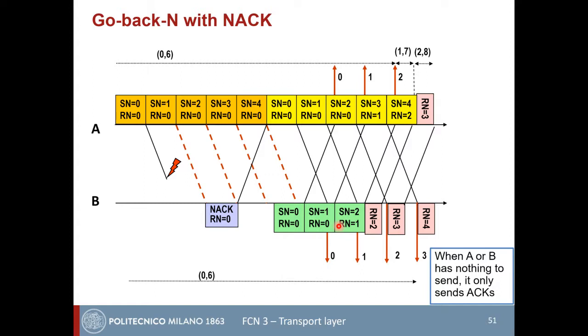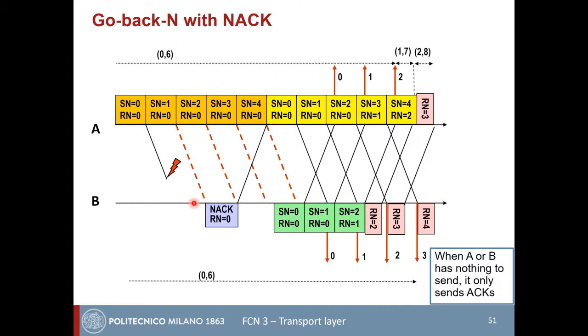This is a case when we can use the NAC. So again, we have A that is transmitting. The first packet gets lost. B is not receiving anything from A because the first packet got lost, but B receives the second packet, that is with Sn equal to 1.